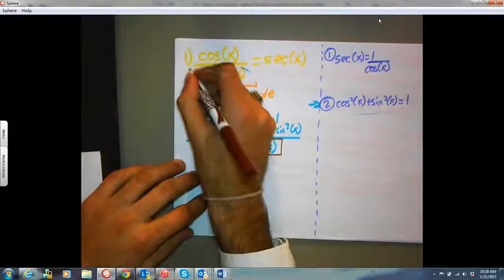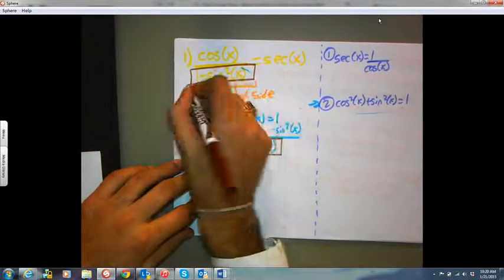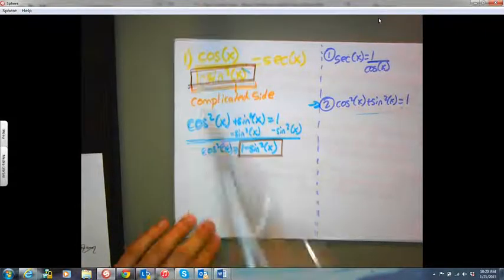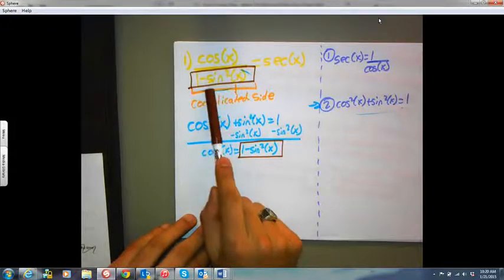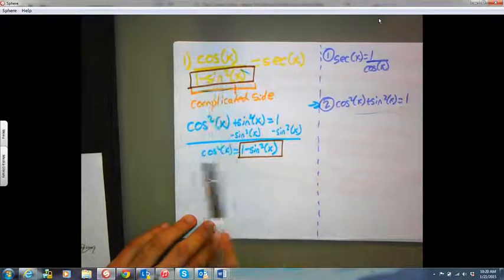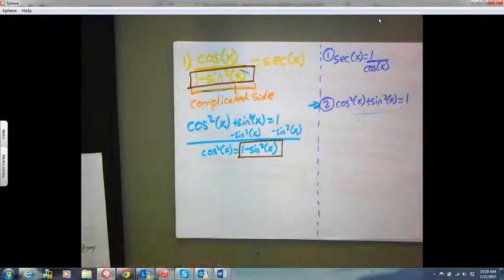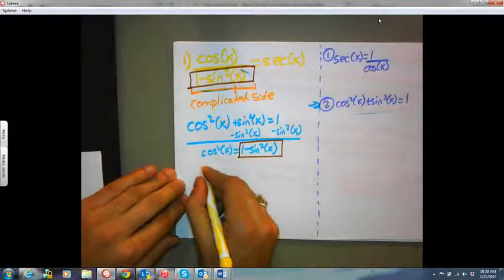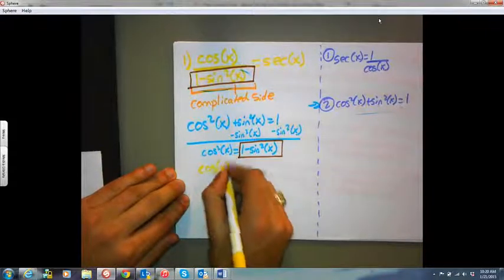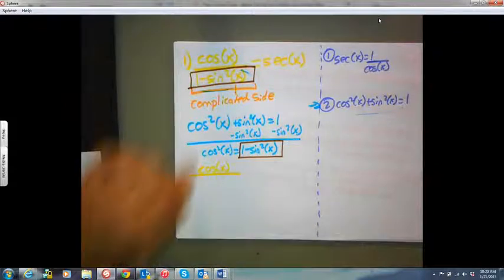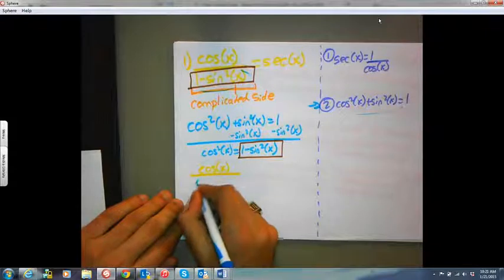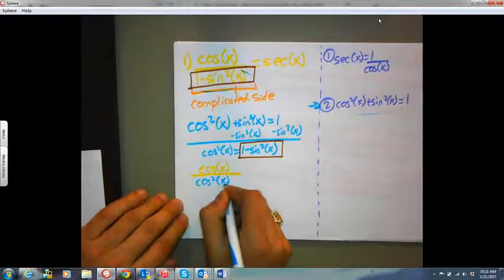So replace the brown box in our problem with this. So what do I have? The upstairs of our fraction didn't change. That's still cos of x. The downstairs is no longer this. It is now cosine squared of x. And this equals secant of x, because remember, we're not doing anything on the right.